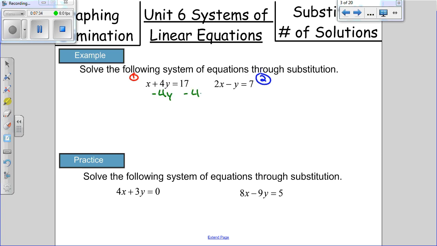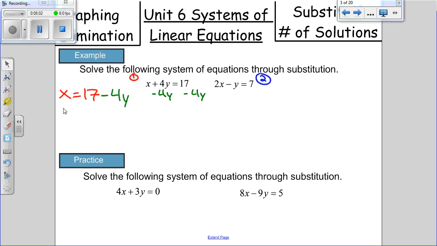Now I rewrite out what I have. So x stays the same, equals 17 stays the same, minus 4y is now on the other side. So every time you do something, do it, then reorganize. You're going to see in a second, we're going to do a lot of algebra. That reorganizing every single time is important. Keep yourself in a nice pattern.